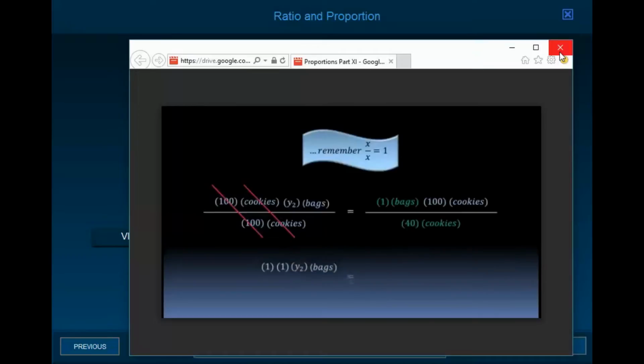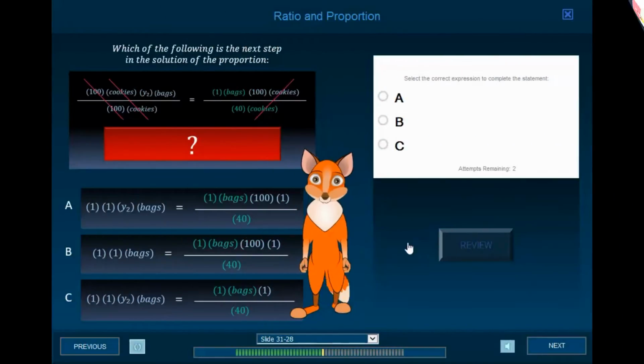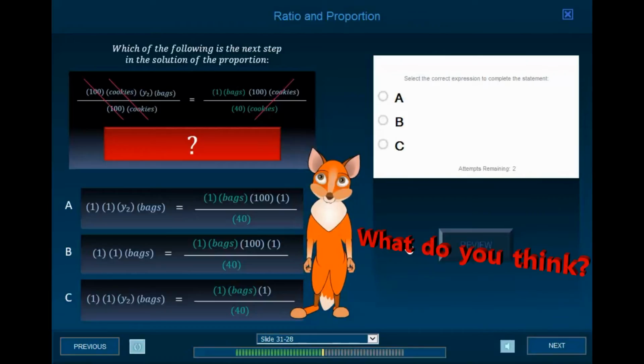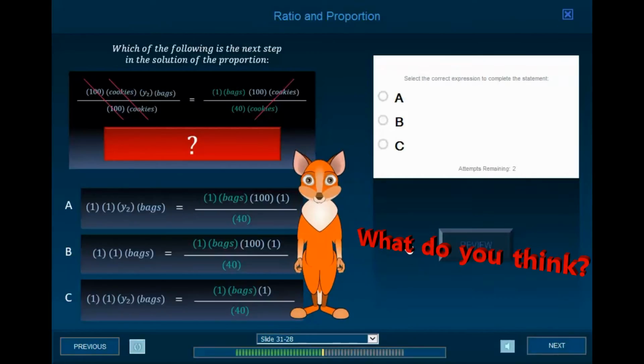Times y sub 2 times the bags unit is equal to, looking at the right-hand side of the equation, again, cookies over cookies is equal to 1 times 1 times the bags unit times 100 over 40. Which of the following is the next step in the solution of the proportion?